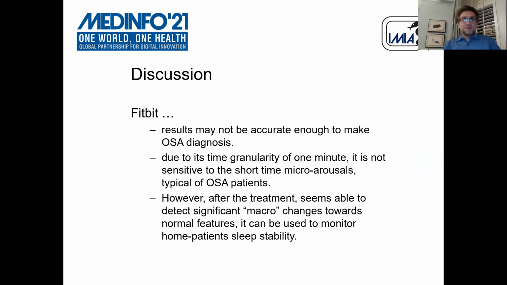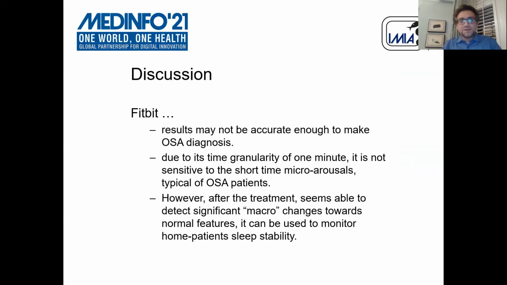As a discussion, we can say Fitbit is not accurate enough for OSA diagnosis, and we should remember the guarantee of the 1-minute staging resulted by Fitbit.